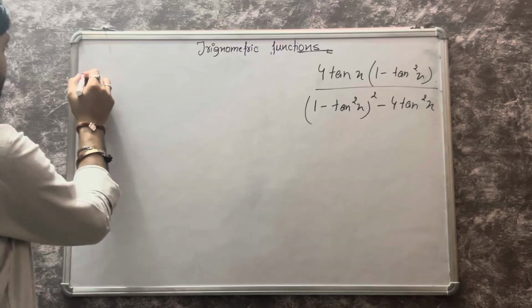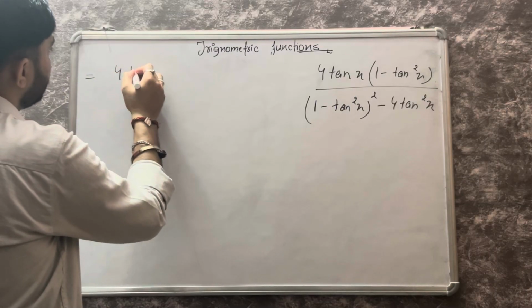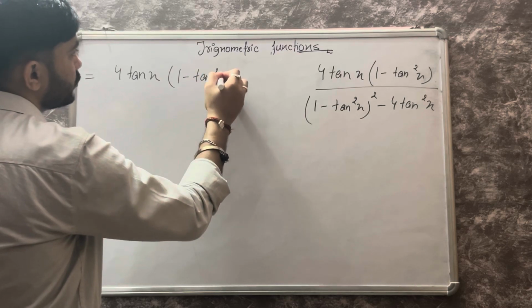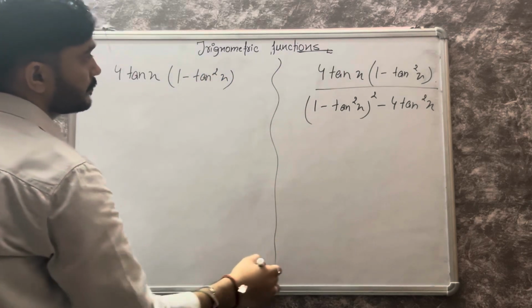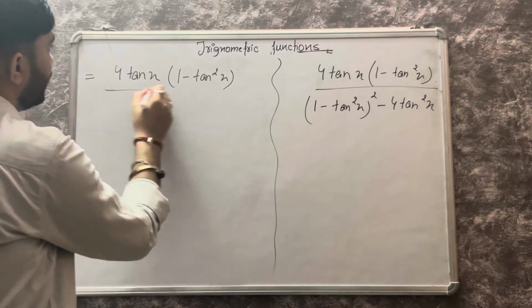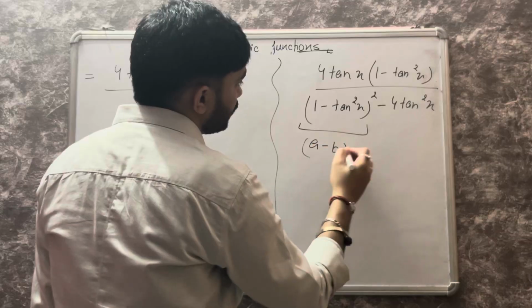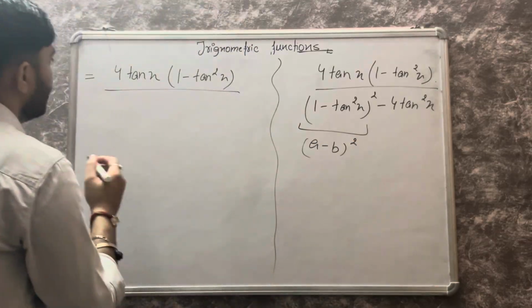How are we going to solve this? 4 tan x into 1 minus tan square x divided by, we are going to apply the formula a minus b whole square here. So what is the formula?